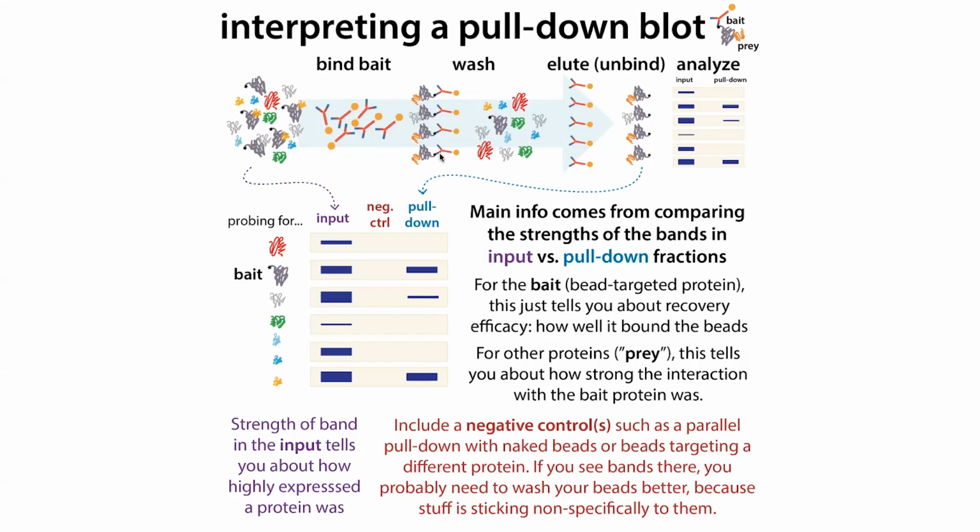Typically what you're going to see is a lot of different panels in the image, often just rectangles on top of one another, showing you that they've probed for different prey, as well as a probe for the bait to tell you about the recovery efficacy, as we'll get into. Basically, you want to be able to test for a lot of different things.